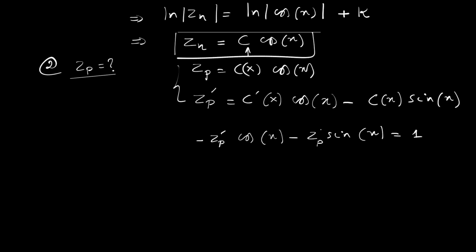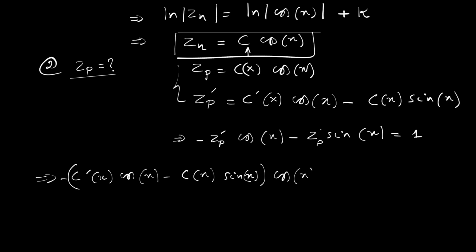We simply have to substitute zp and zp prime right here. Then I can write it like this. And zp equals c times cosine of x. Sine of x equals 1.